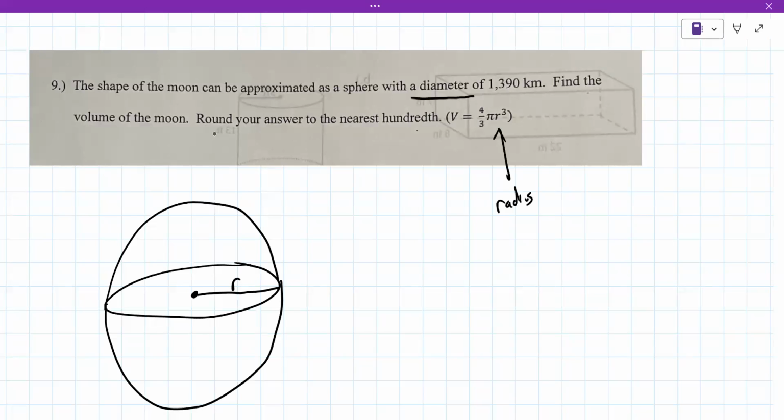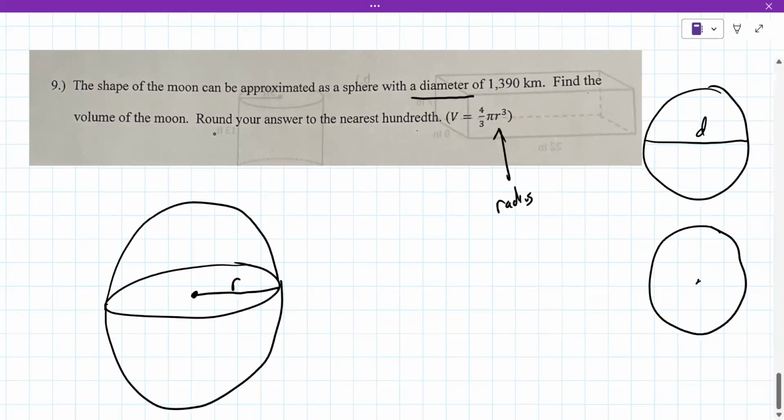Do you understand my question, or would you like me to restate? Okay, well, you keep giving me something different than what I'm asking for. In a circle, this is the diameter. And if I draw the same circle, this is the radius. What's the relationship between the two of them?